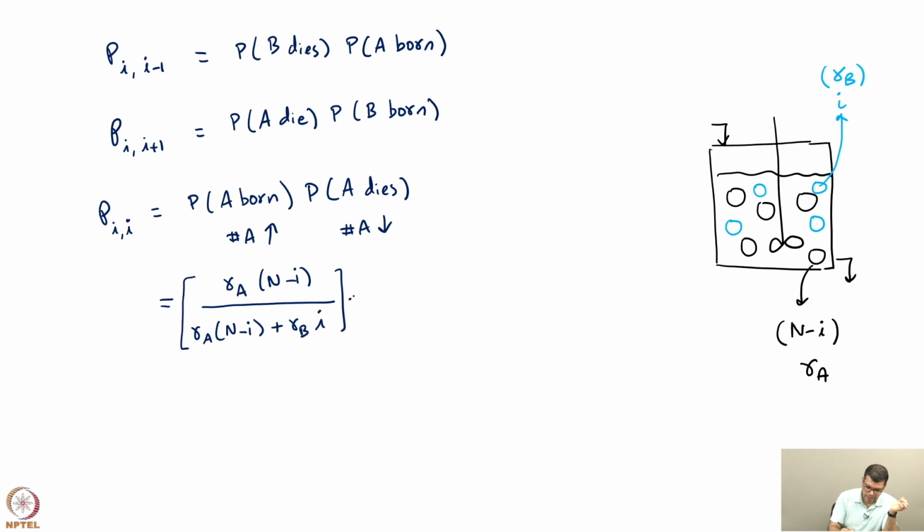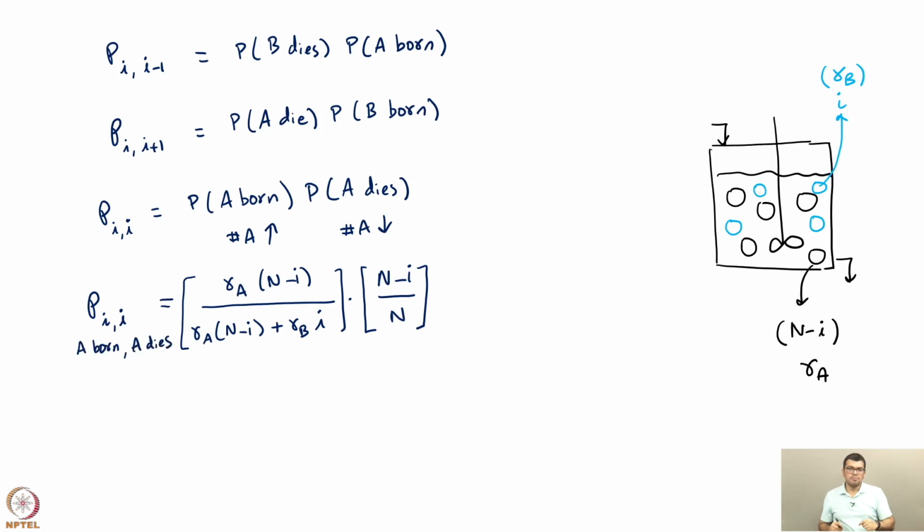This will be multiplied by the probability that an A individual dies, which is simply proportional to the number of A type individuals in the population, which is n minus I divided by n. So this is the probability of transition from I to I when an A is born and an A individual dies.